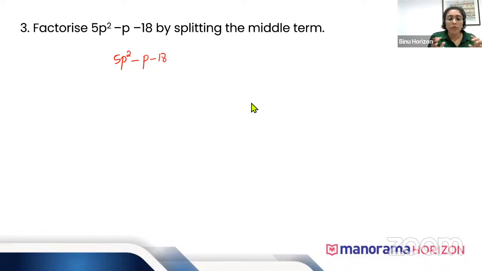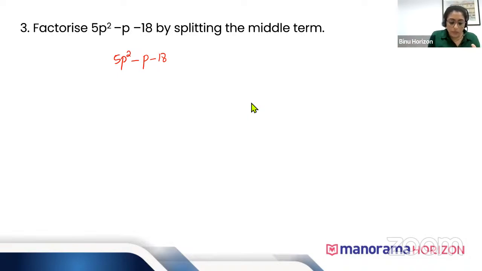So remember, when you solve, instead of p, don't write it as x. If in the question it is given p, use the p only. Don't change that variable to x or any other variable. Usually we are used to x. Okay, so now shall we do this?